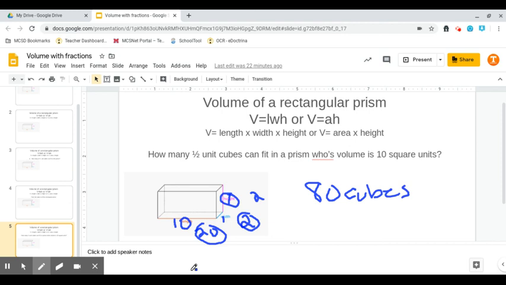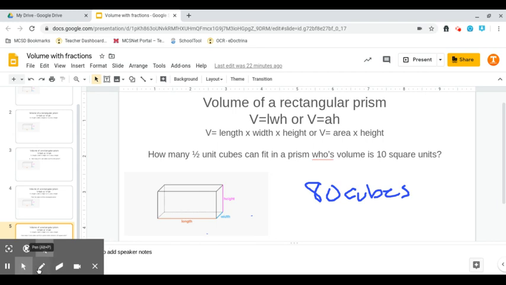Okay, now let's just do this again and choose something different. We're still going to get a number of 80. Okay, let's look. We have a volume of 10. Let's just say I called that 5, that 1, and that 2.